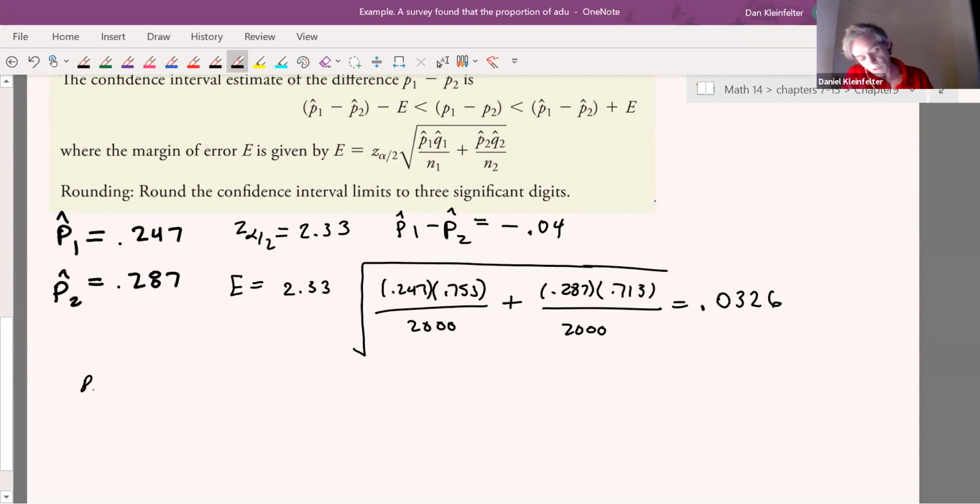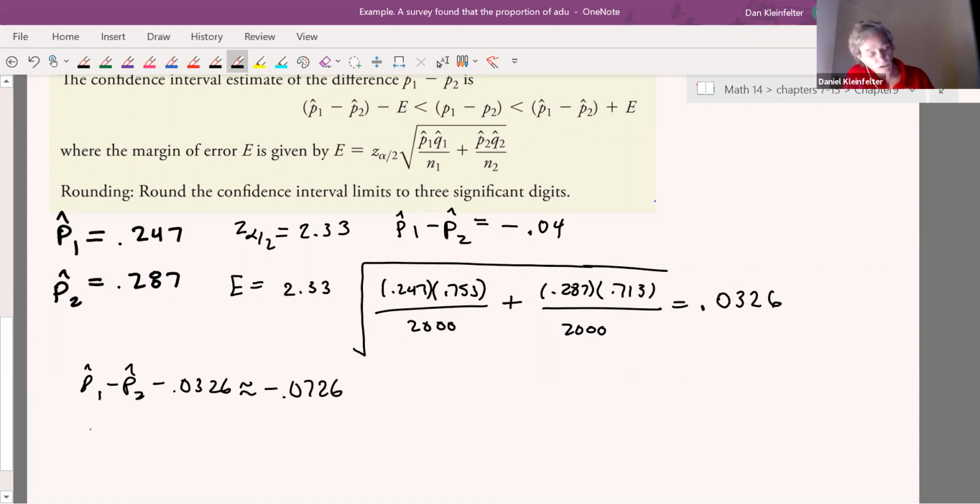So then for the left end of our confidence interval, we'll get P1 hat minus P2 hat minus our E, and that is about negative 0.0726.